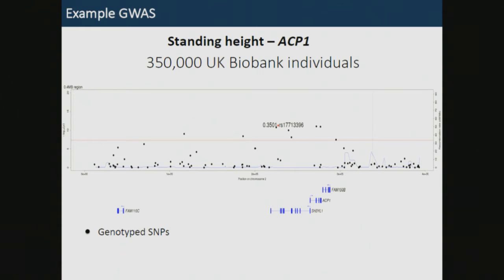Now you can see that there are these black dots, which are positions of the genome, and they're above this line, telling me that I've potentially made a novel discovery. And these positions here in blue show 3 genes in this region. And so these black dots overlap with these genes, suggesting that these genes are the important ones.